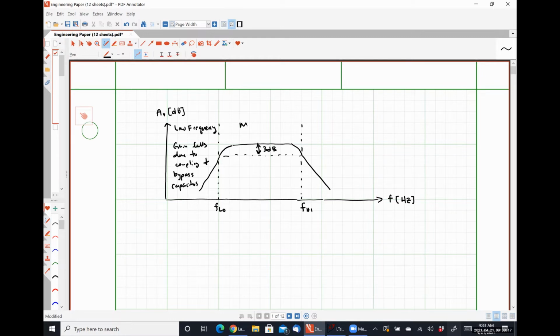Here in the middle, we have our mid-band frequencies, where we can say that all capacitors are ignored. And finally, on the right-hand side, we have our high frequency band, where the gain falls off due to internal capacitances.